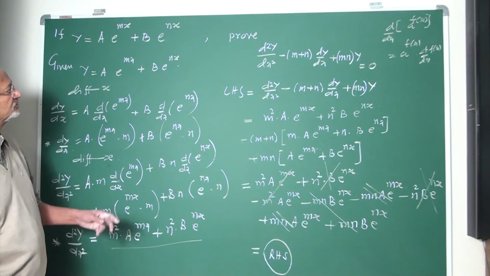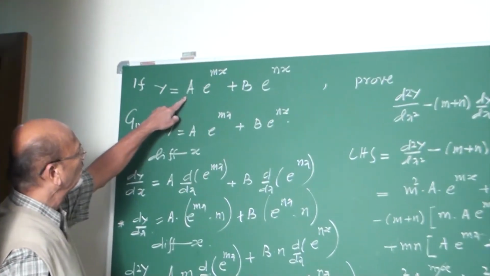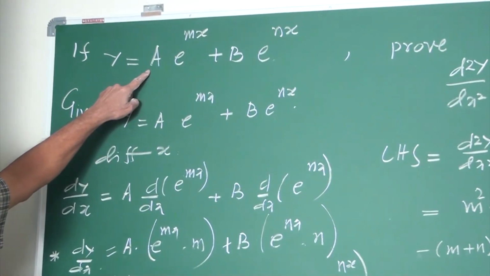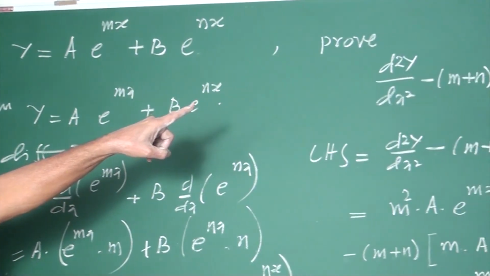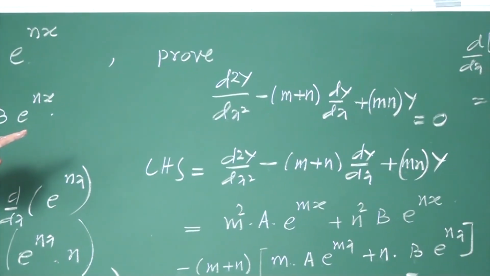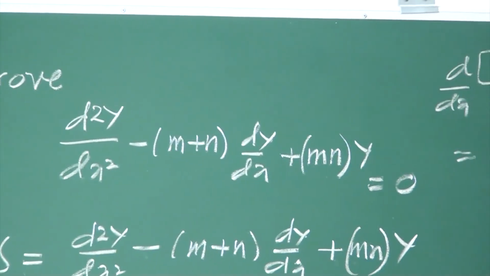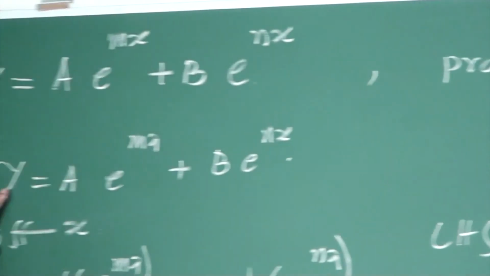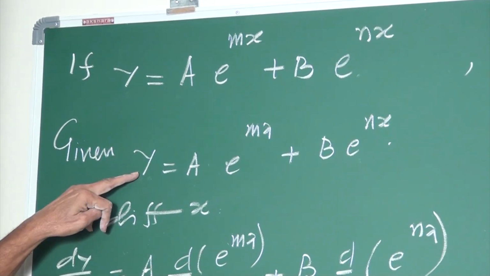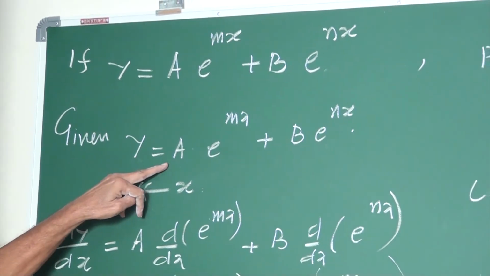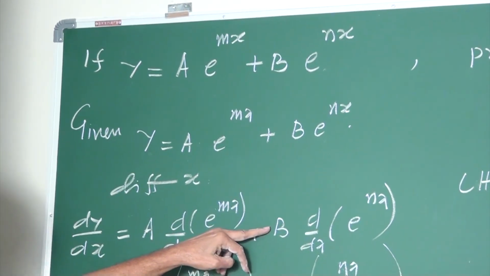Yes, friends. If y equal to a into e to the power mx plus b into e to the power nx, then prove d2y by dx2 minus m plus n into dy by dx plus mn into y equal to 0. Friend, this is given. Find its first derivative. Differentiate: dy by dx, a into derivative plus b into derivative.